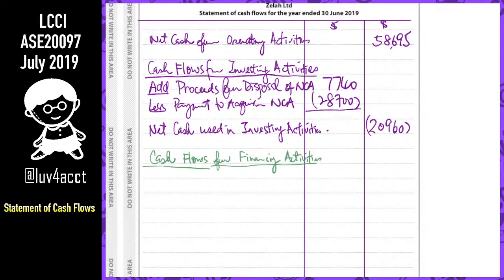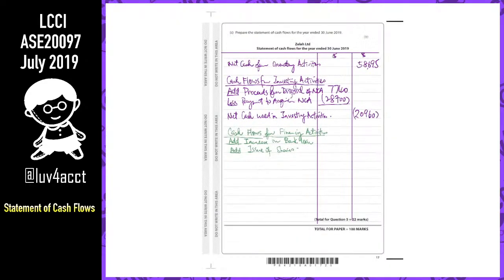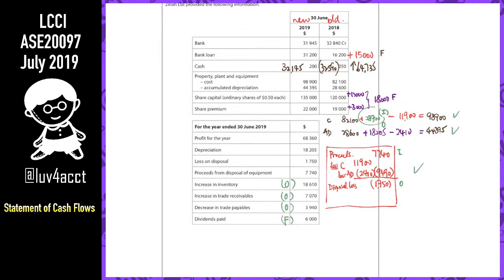Okay, first of all, I remember there is an increase in bank loan. Second, there is an issue of shares. Okay, and let's check the figures. Bank loan, we have 15,000, and then issue of shares 18,000.